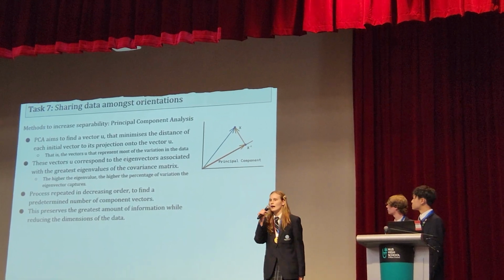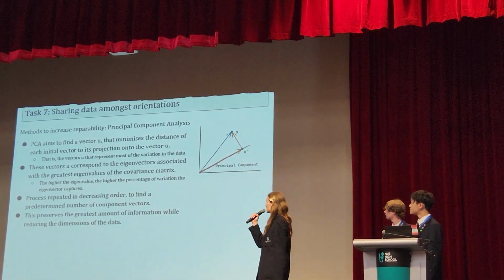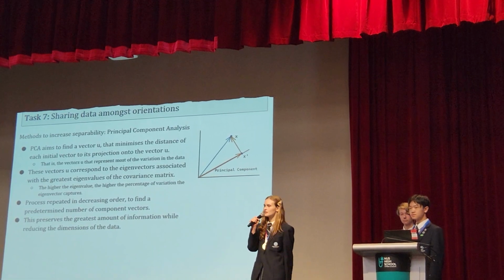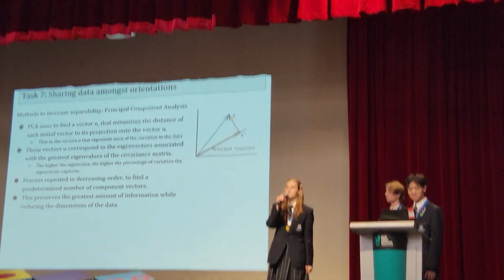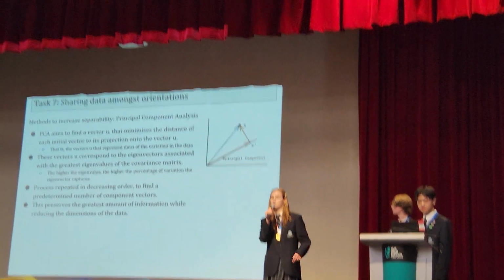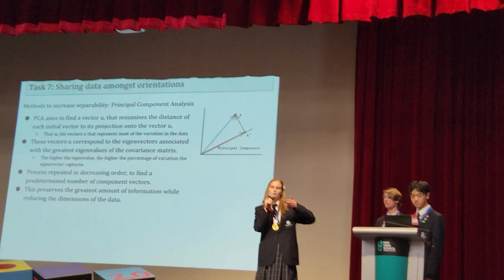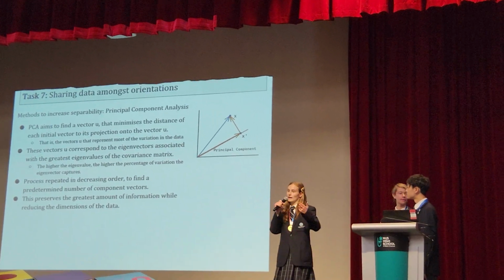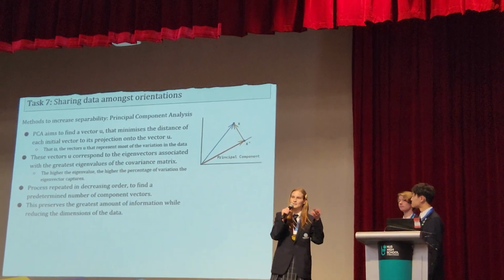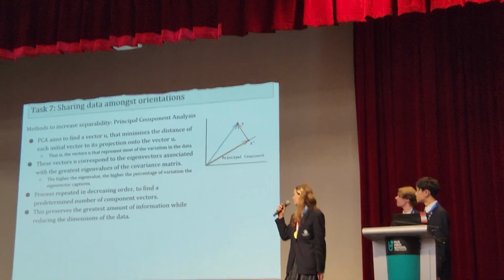These vectors u actually correspond to the eigenvectors with the highest eigenvalues of the covariance matrix. The covariance matrix describes the relationships between the variance in the variables you're working with. Any eigenvector with a higher eigenvalue represents more of the variation in the data.